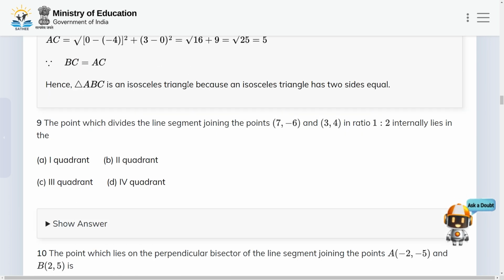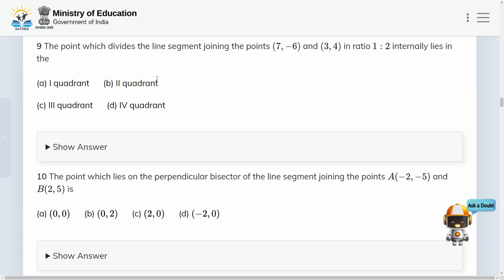Now let us move to question number 9. In question number 9, the point which divides the line segment joining the points (7, minus 6) and (3, 4) in the ratio 1:2 internally lies in which coordinate?